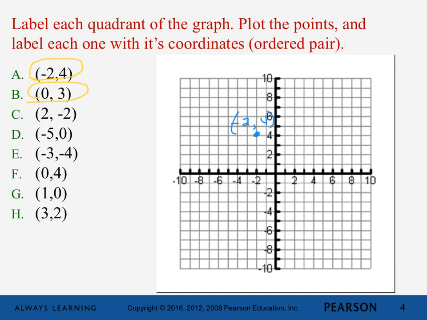And because the first coordinate is 0, we're going to stay at the origin. And the second coordinate is 3, so we're going to go up 1, 2, 3. And so this point is 0, 3.